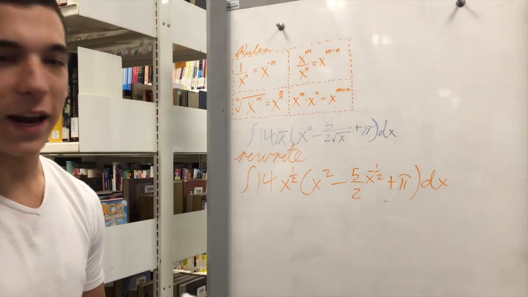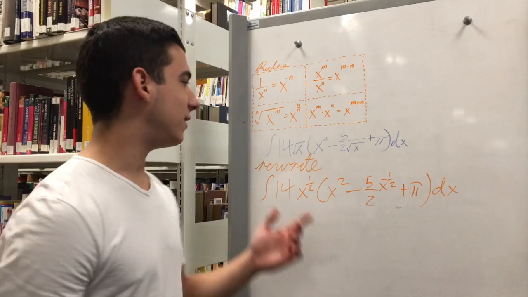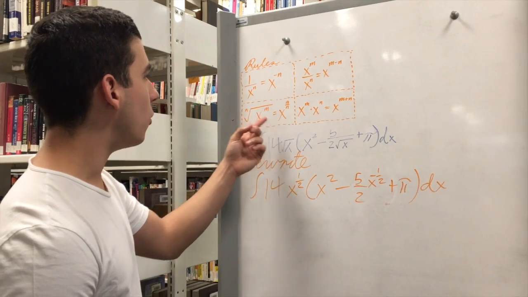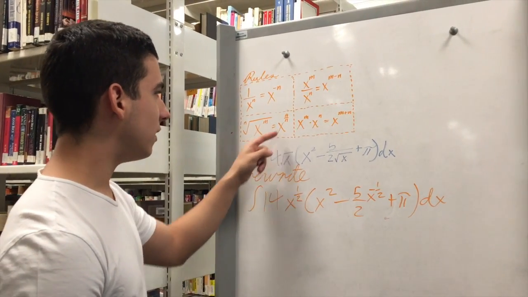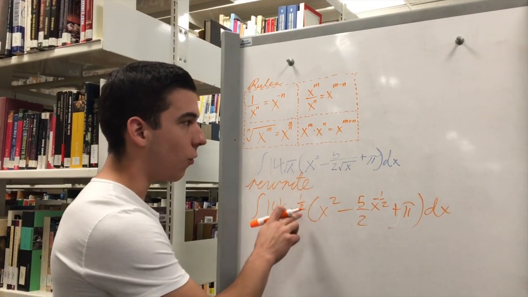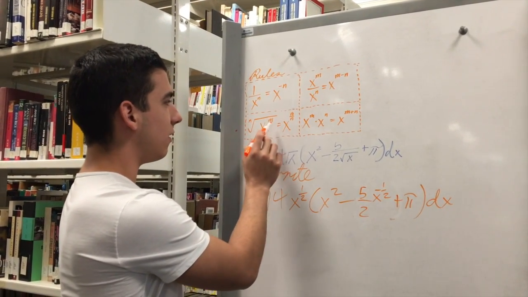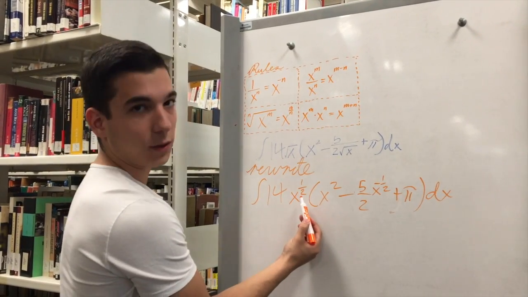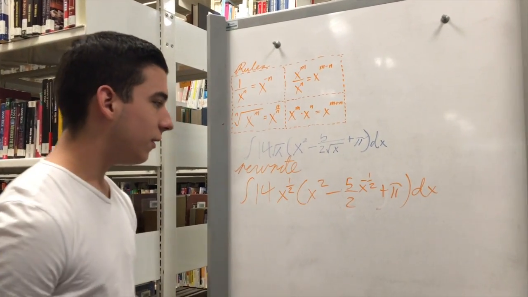Okay, so what I did is the following. Since this is the square root of x, I used this rule, which means that I can change this square root of x to x to the 1/2, because it's n and m, and you change it to m over n, which in this case is this.